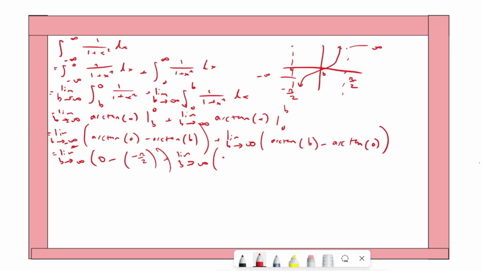Okay, fair enough. So that's pi over 2 minus, and we already know the arctangent of 0 is 0 from basic trig values. So what we have is 0 minus a negative pi over 2, which would be the same thing as a positive pi over 2.